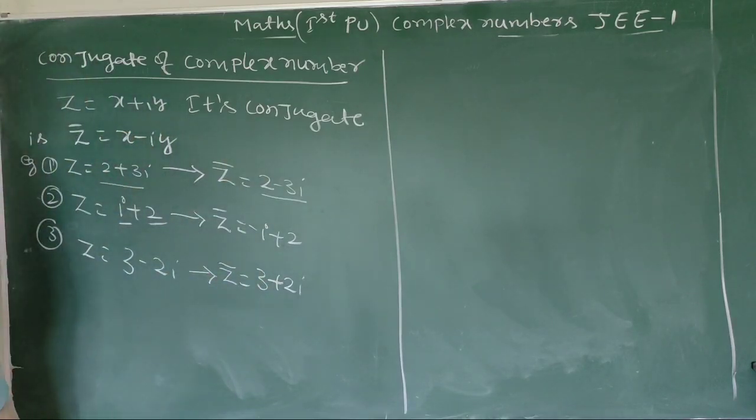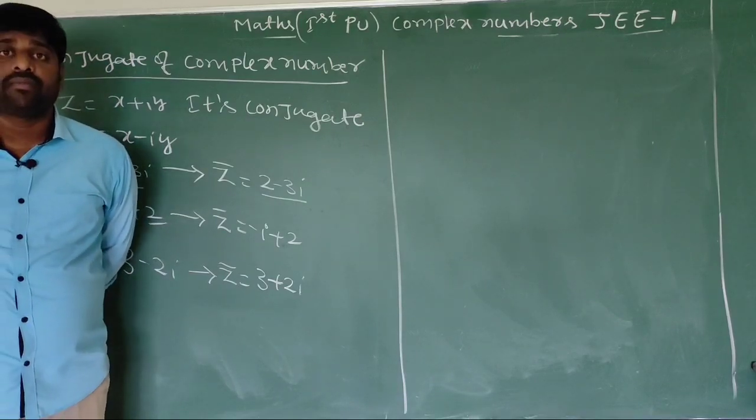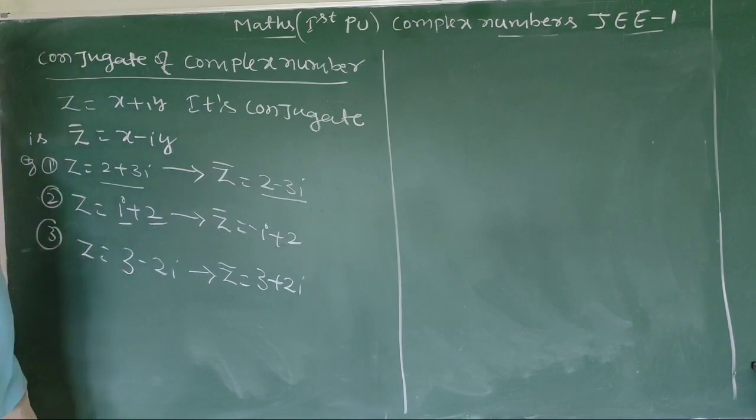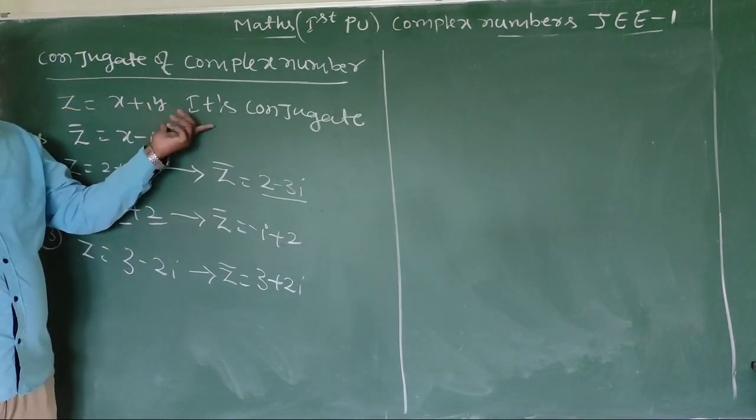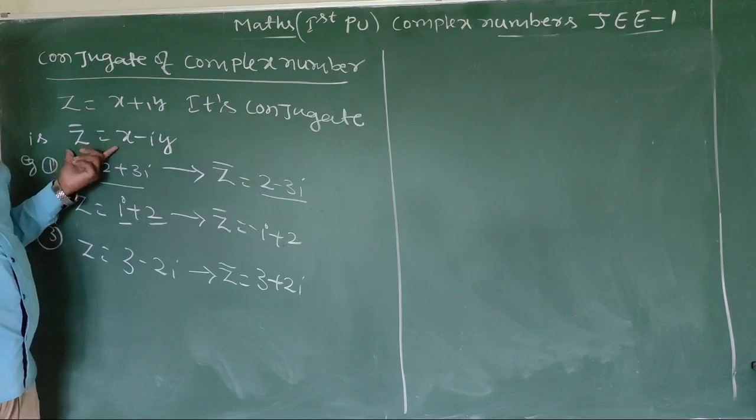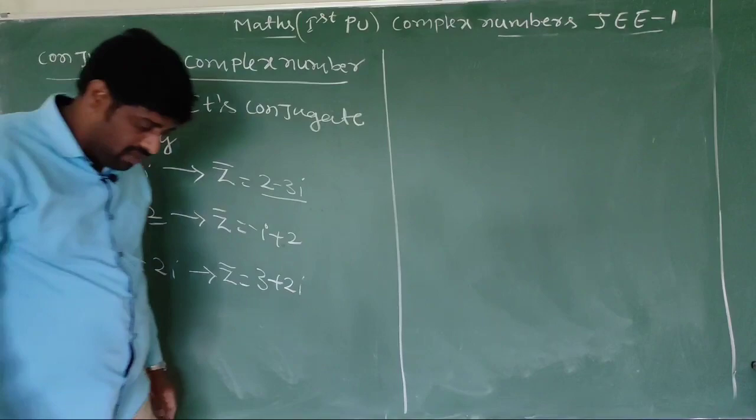This is called the conjugate of a complex number. Conjugate of a complex number is denoted by z bar. Suppose z is equal to x plus iy, its conjugate z bar is equal to x minus iy.